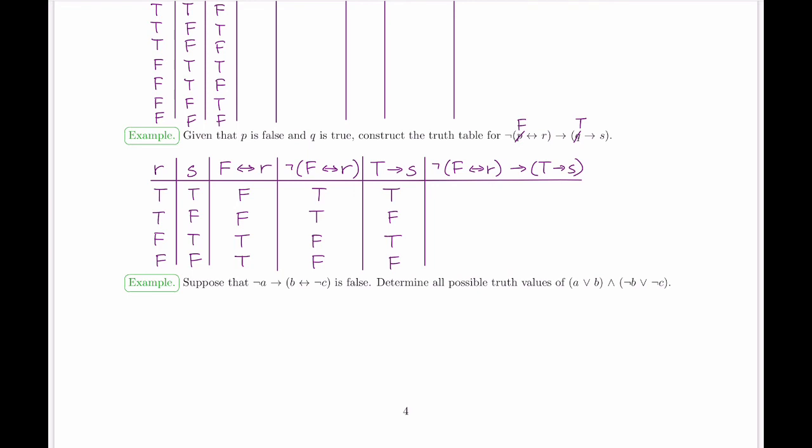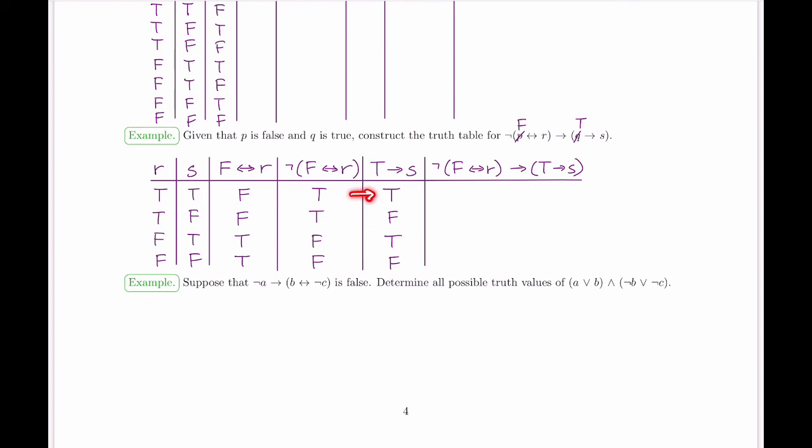Excellent. We're in good shape here because we're down to our last column where we have this not false if and only if R implies true implies S. So this column here implies this column here. So we have to insert an implication between these two columns that are very conveniently located next to each other. So what do we have?